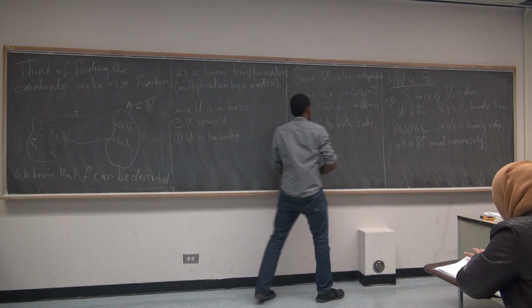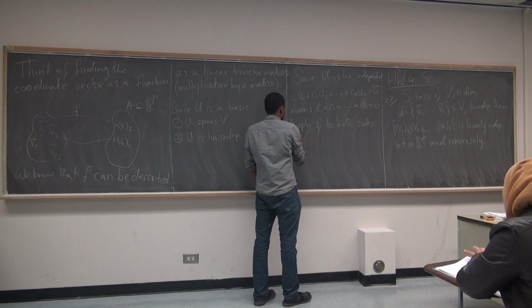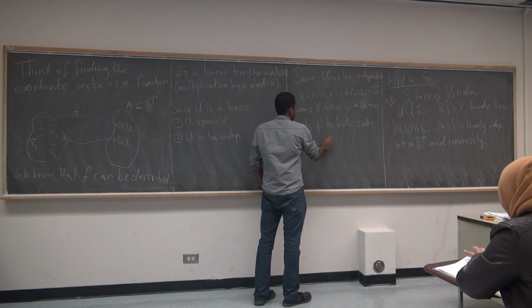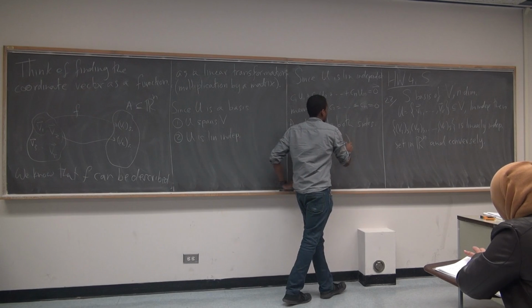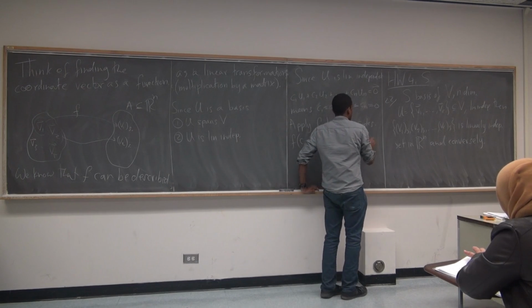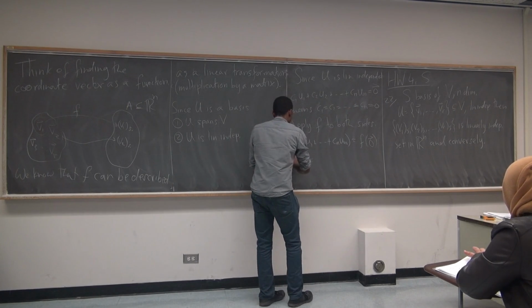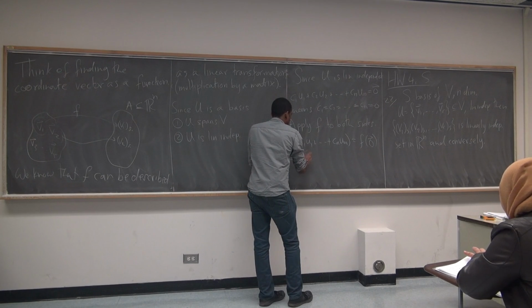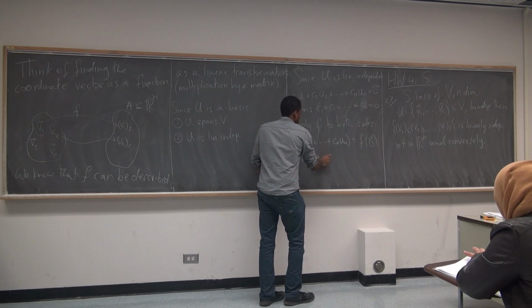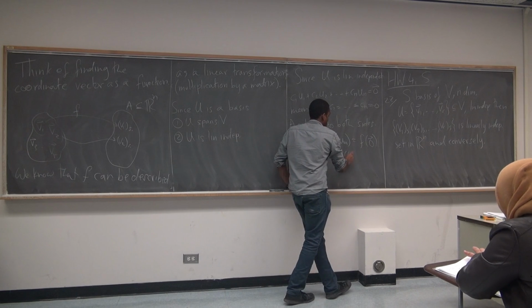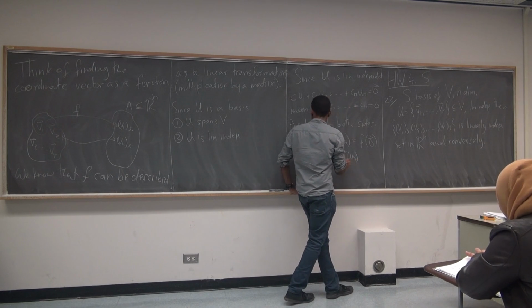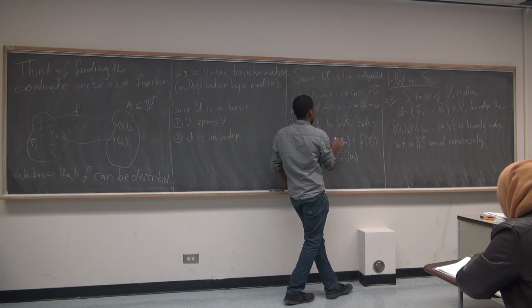We're going to apply f to both sides. So this means that f of this guy equals f of the 0 vector. This means that C1 times f of V1 plus up to Cn times f of Vn. These should be V's.